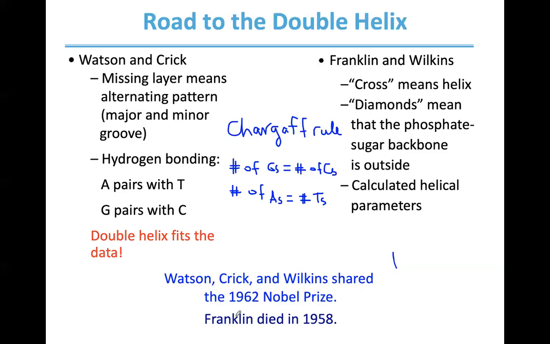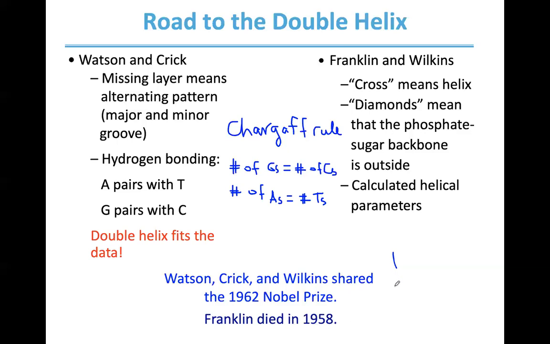Some people think that the Nobel Prize should have been given earlier when Franklin was still alive, but because she was a woman, she didn't get one. There are a lot of historical books written on the subject, so if you're interested, you can read about those.